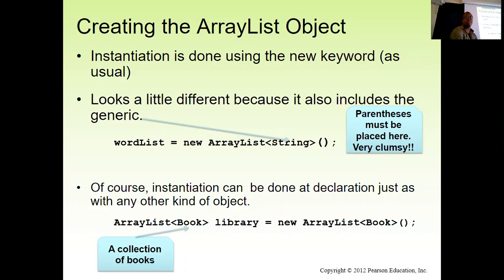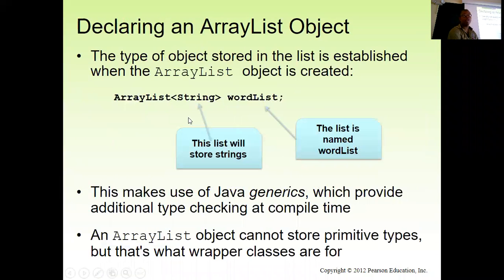Now, to create an array list object, similarly to what you would do to create an instance of any object, you have to declare the object reference type and then instantiate it. You can do both things in one. Either you say array list, with the angle brackets and the object type that you're going to store, followed by the name of the array list, as you would see here.